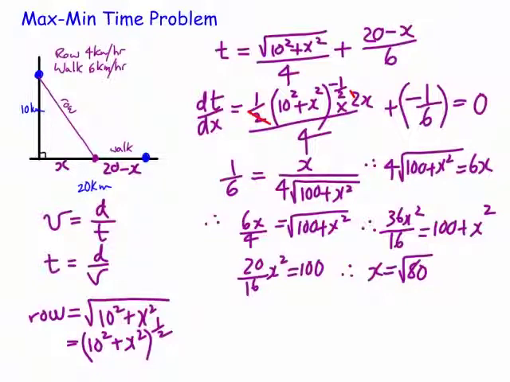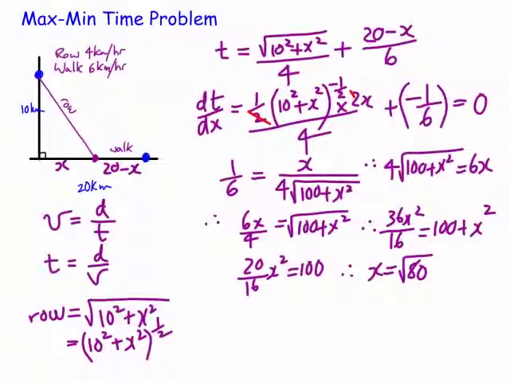You could either find the second derivative, or you could sample the slope on either side to show it was negative, 0 and positive through this value of square root of 80. But we're now going to substitute square root of 80 in for the time expression and work out what the minimum time is, just to have a quick look.